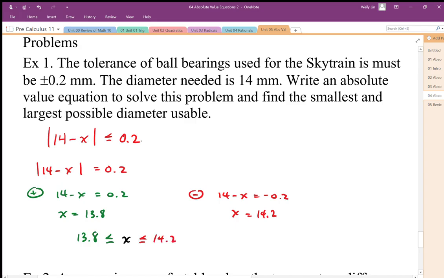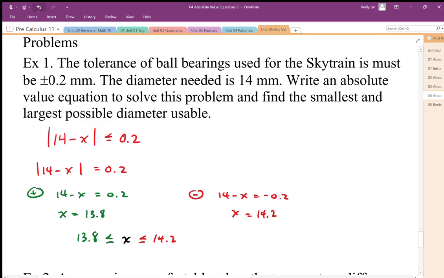Now, if you want to keep track of the inequality, when we do this, the positive version should keep the inequality in the right direction. For the negative version, we should flip the inequality, so we are going to end up with our inequality flipped for the negative version.